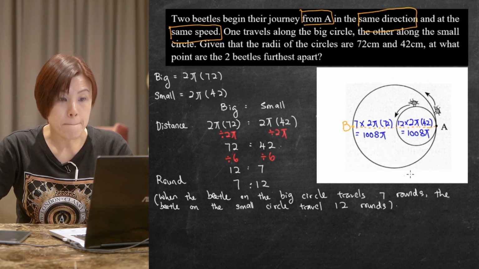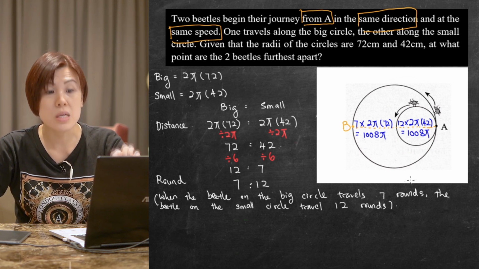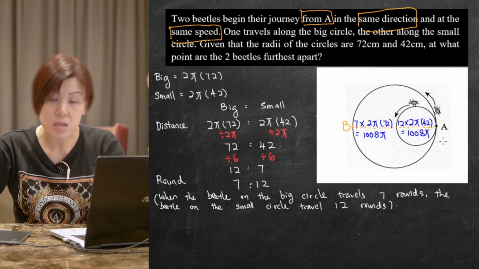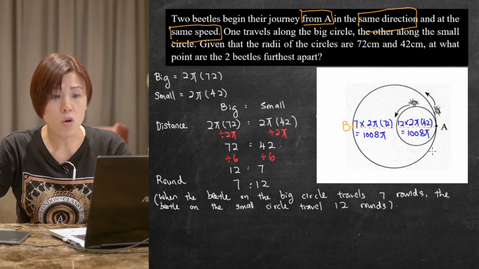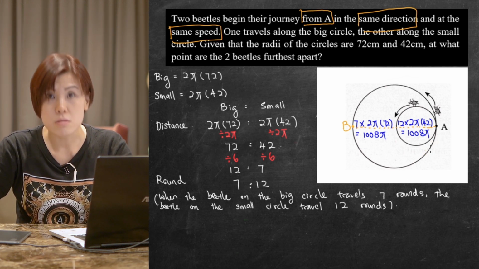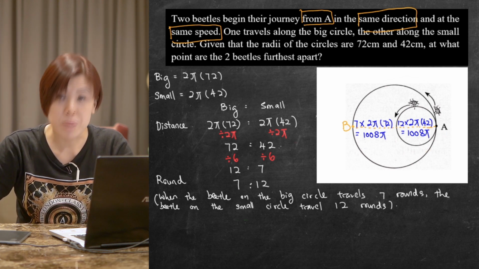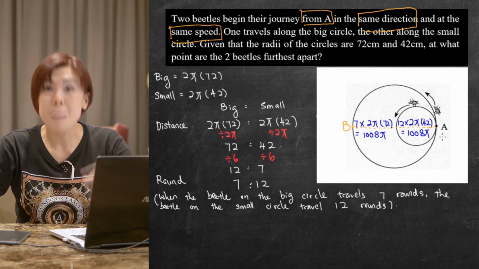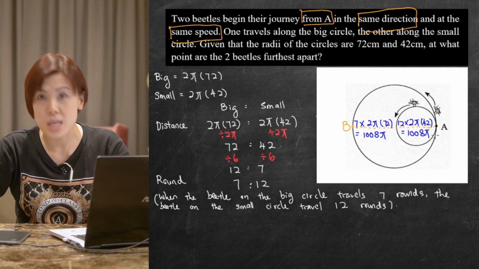Whereas the beetle on the small circle has to be on point A to be furthest from point B. So for the beetle on the big circle to travel from A to B, it has to travel a multiple of half, as AB is actually a diameter.